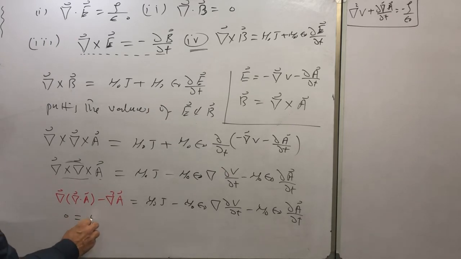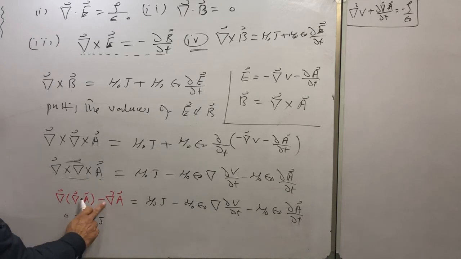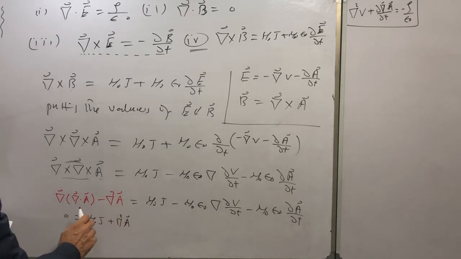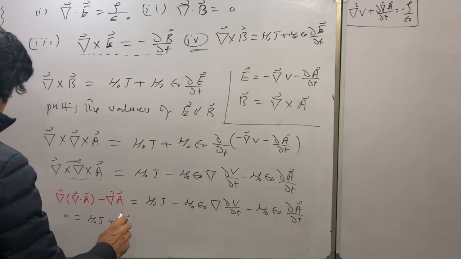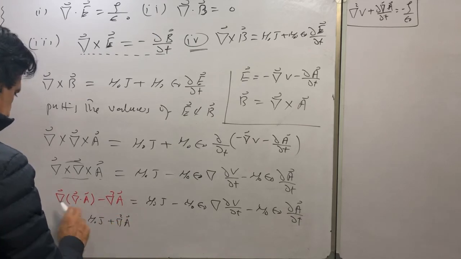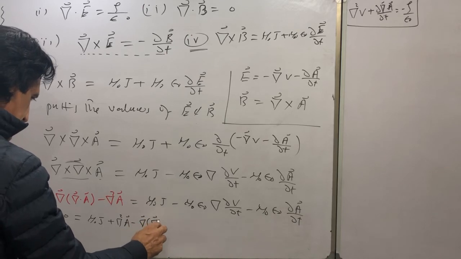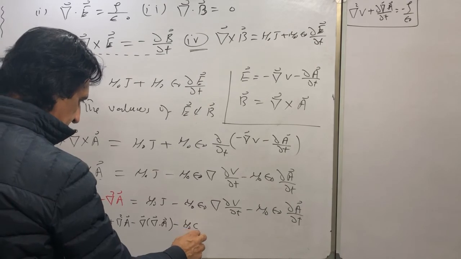Then we have mu naught J, this term will become del square A, and similarly this term as well, minus del into del dot A, and the remaining terms remain the same.